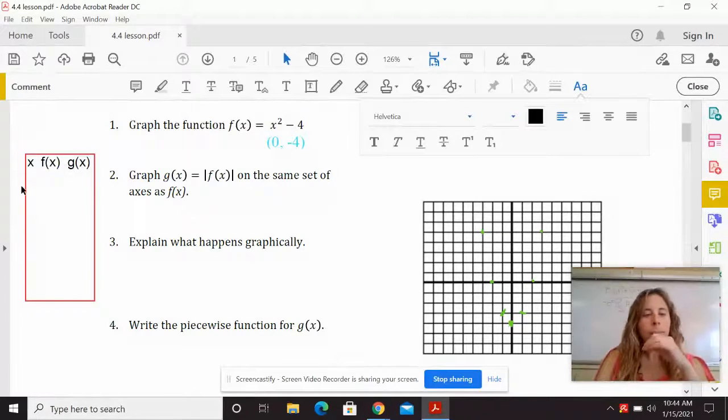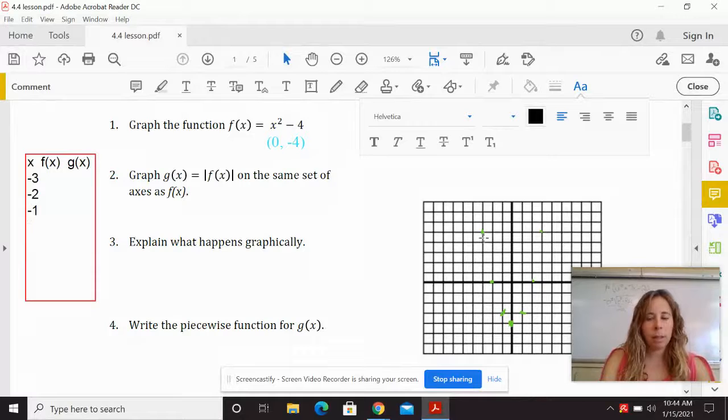My x values are negative 3, negative 2, negative 1, 0, 1, 2, 3.